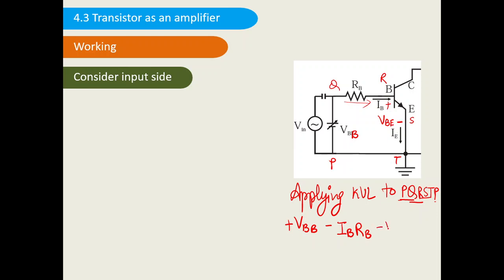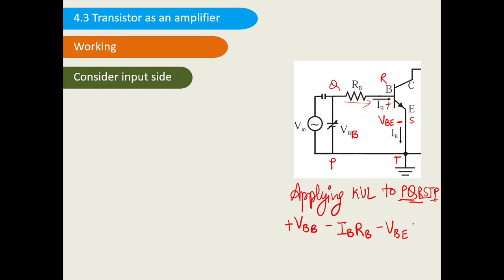So I can write minus of VBE. Then ST and TP, nothing is there. None of the branches contain a voltage source or a resistor, so the voltage drop across these branches is zero.